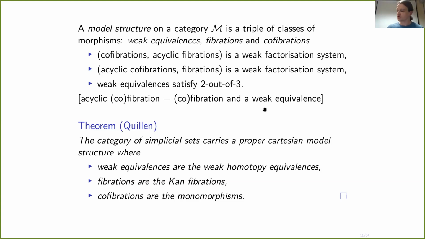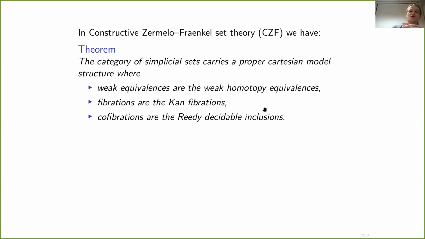Okay, so I think that this basically summarizes my intro to simplicial sets. So let's start talking about the constructive setting. In the constructive Zermelo-Fraenkel set theory, which is what we are going to take as our constructive foundations, although the precise theory is not so important, and I'm not going to rely on any specific aspect of that.